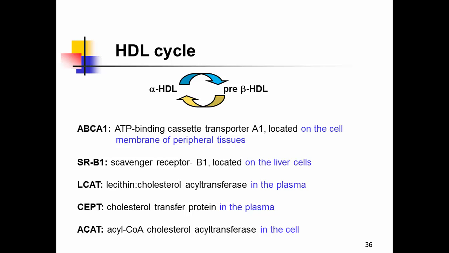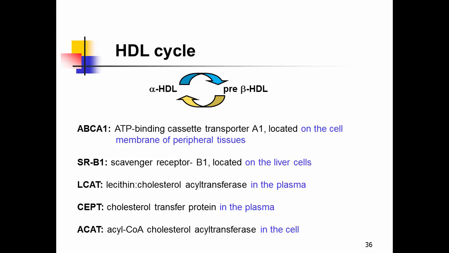LDL. And LCAT, the lecithin cholesterol acyltransferase. And this enzyme is present in the plasma, in the circulation, right? And the other transport protein is CETP, the cholesteryl ester transfer protein, right?